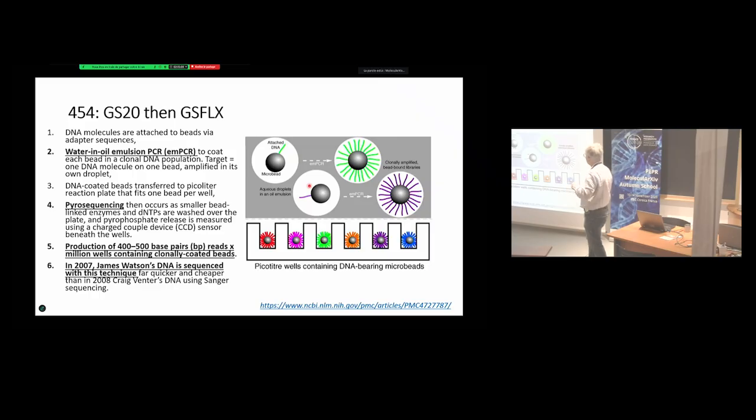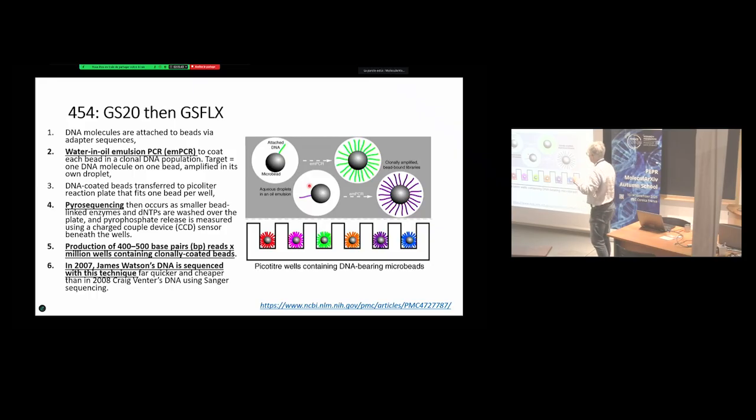And if you are doing this sort of reaction in water in oil emulsion PCR, as we say, in that case you are able to generate multiple clones of your molecules of interest that are, for instance, bound to a bead, linked to a bead, and in that case you have the same molecules that are covering the bead, and you have not a mixture of them.